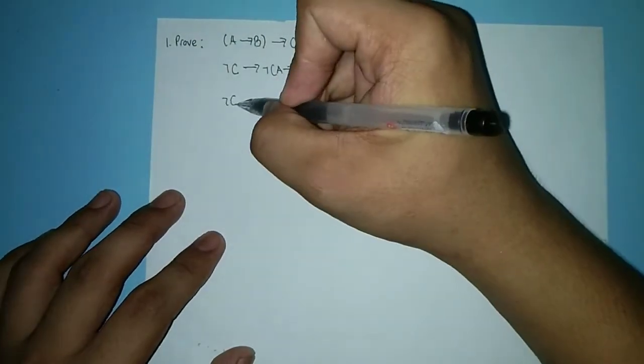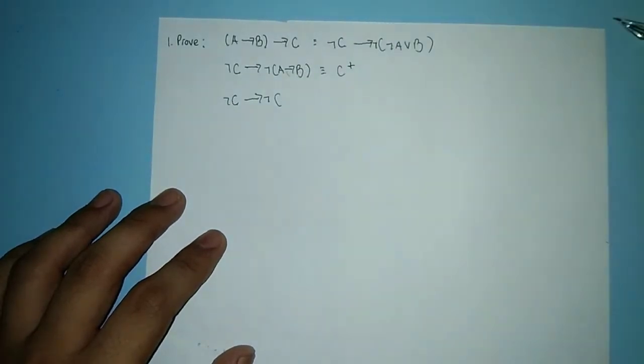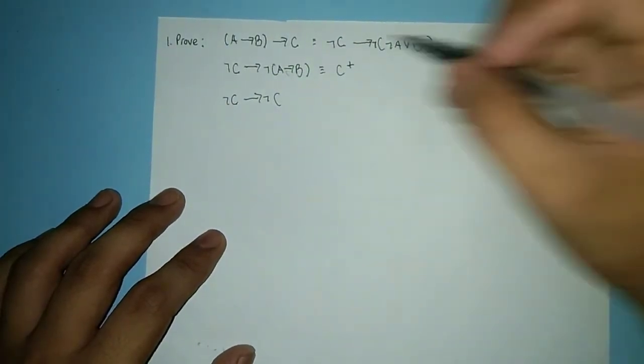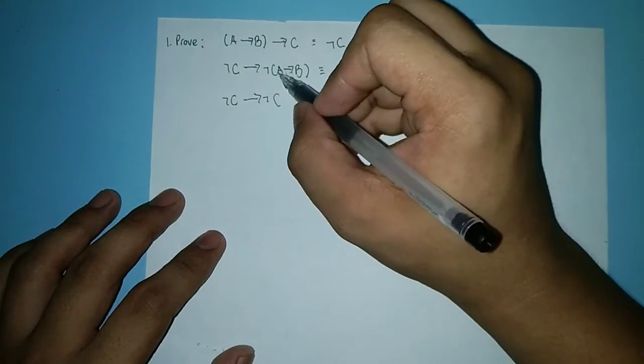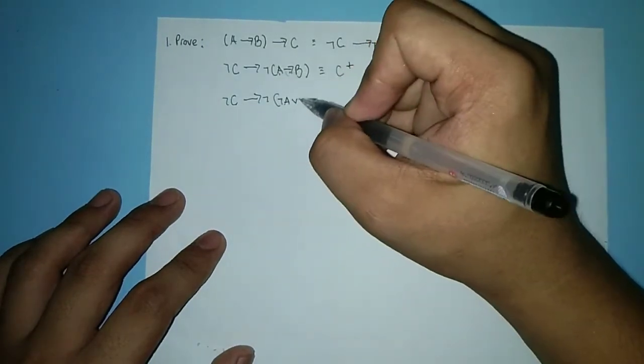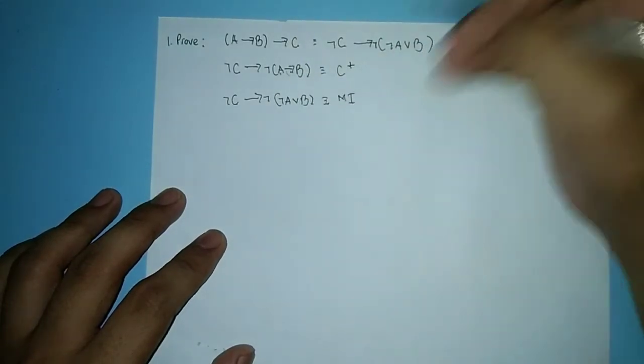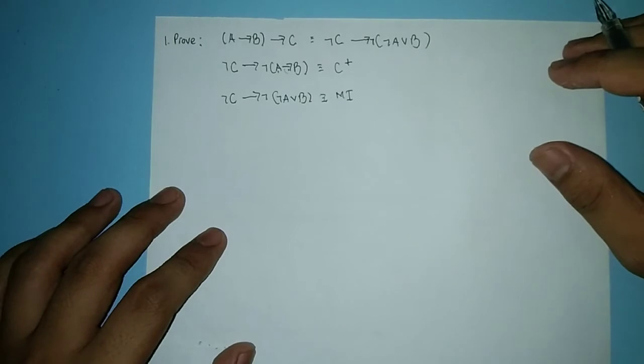So magiging not C, kokopin lang natin, implies not. So dito natin sa loob i-apply yung material implication. Okay, so gagawin natin disjunction to, yung premise magiging not A na yan, tapos ito magiging OR B. So by material implication or MI. Okay?